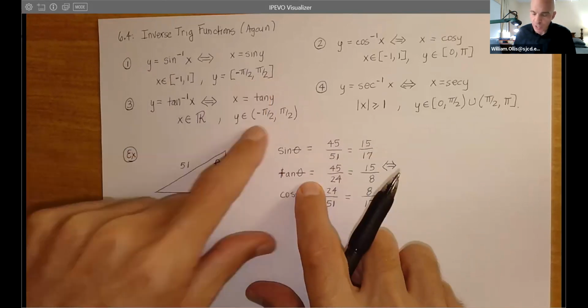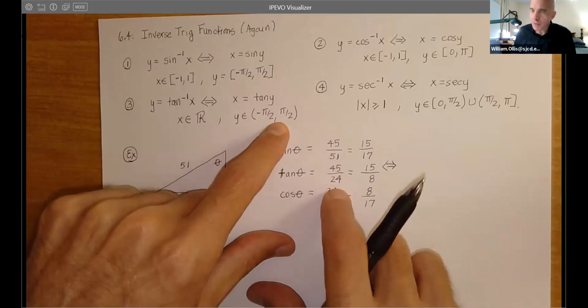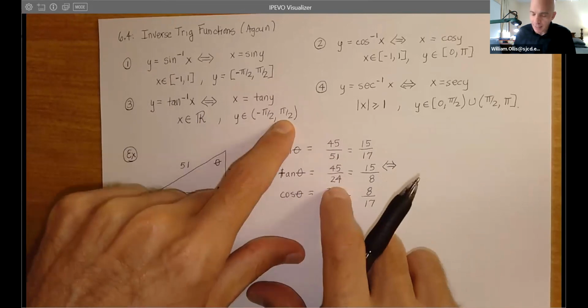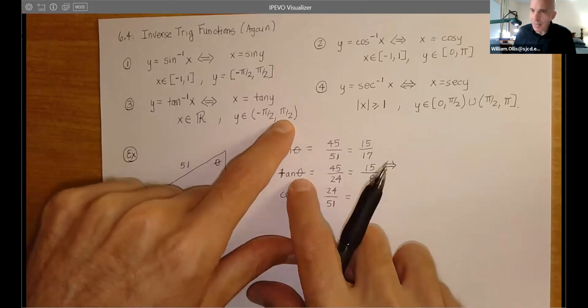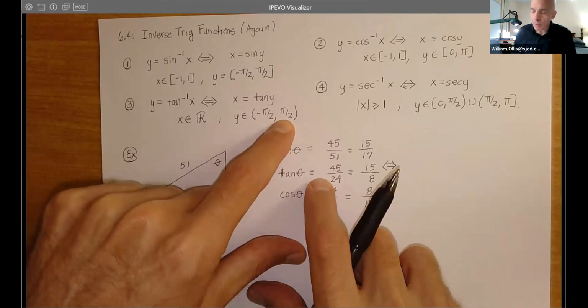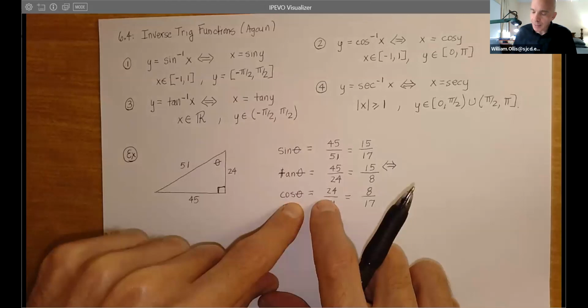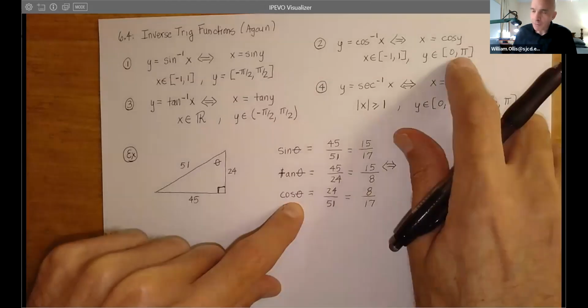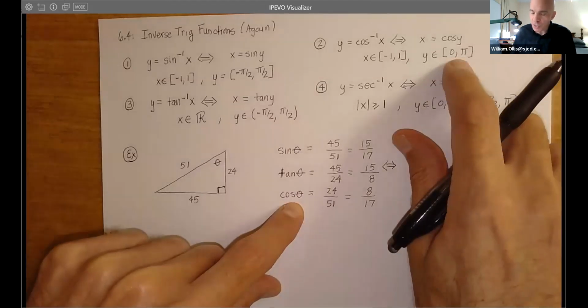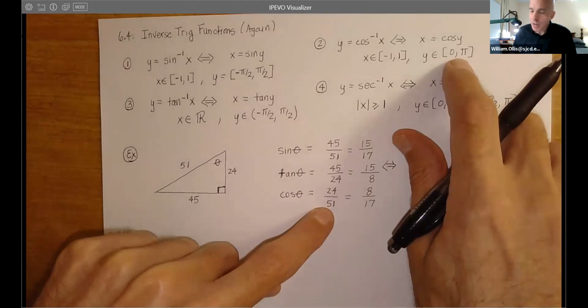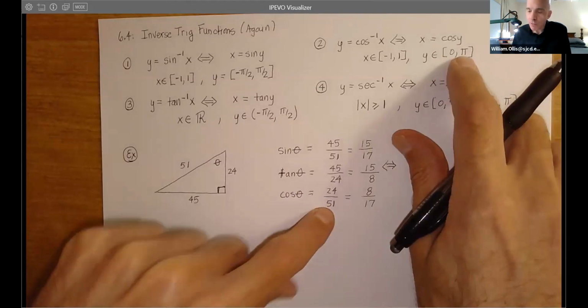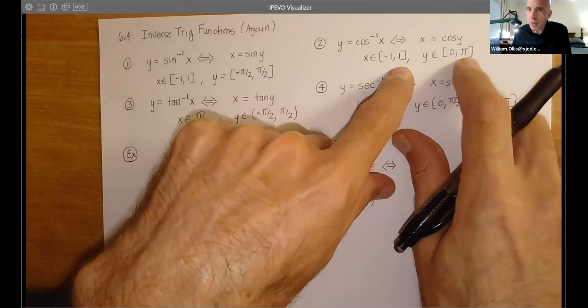We go to the inverse tangent. Again, we have a positive input. So we see that the theta would be an acute angle between 0 and pi over 2. And then for the cosine, the same thing. We're going to have 0 to pi over 2 because the input is positive. Of course, if it's negative, it's going to run over into the second quadrant.